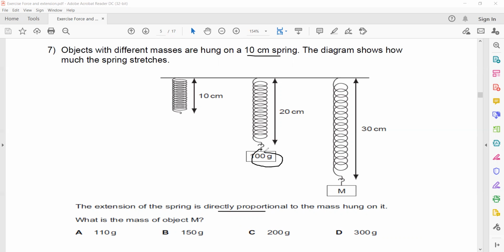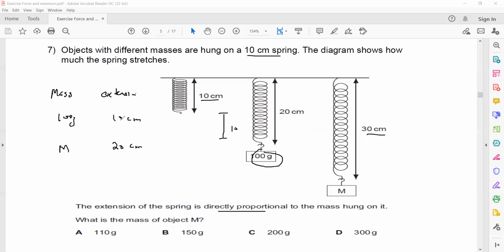If a mass of 100 gram, how much extension is caused? That is 10. What will be this mass which caused how much extension? Originally it is 10 centimeter and finally it is 30. So the extension is 20.